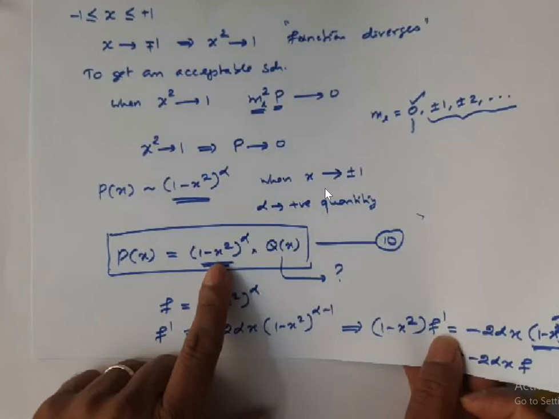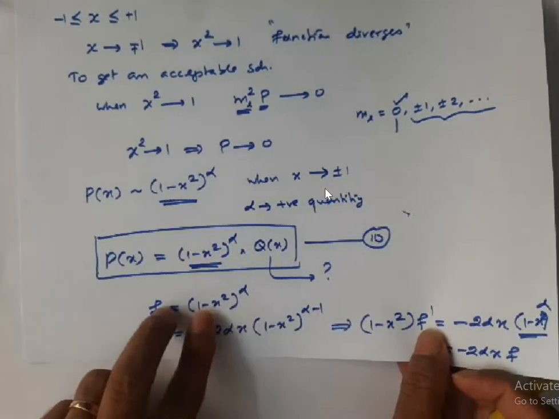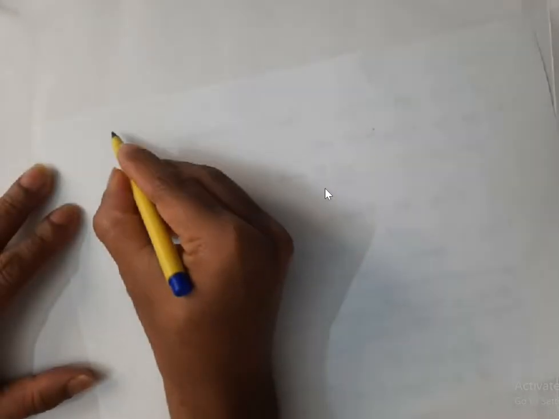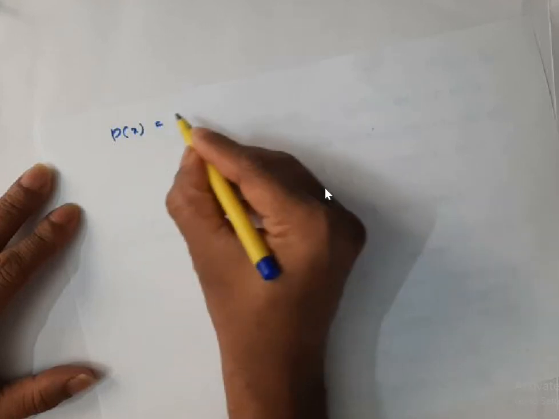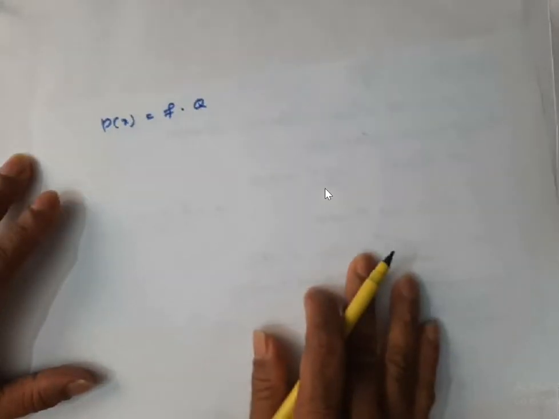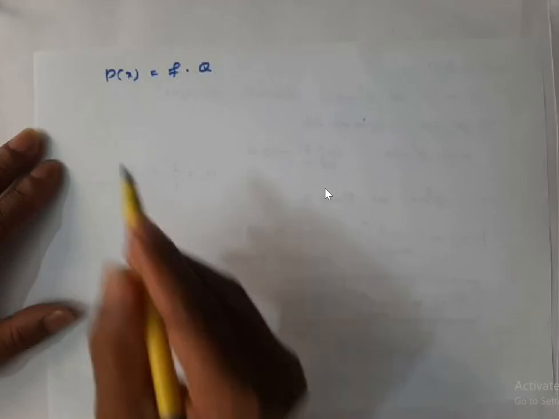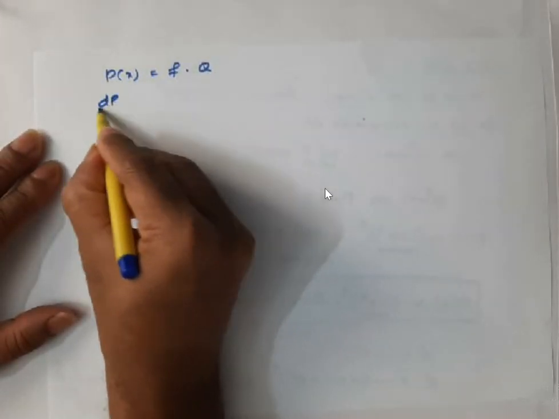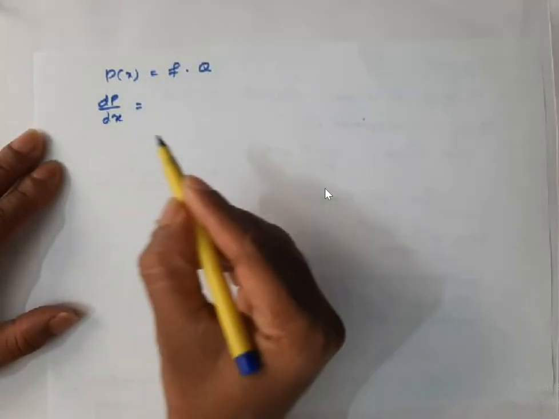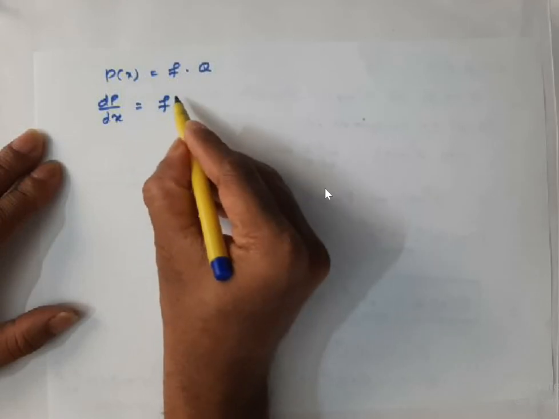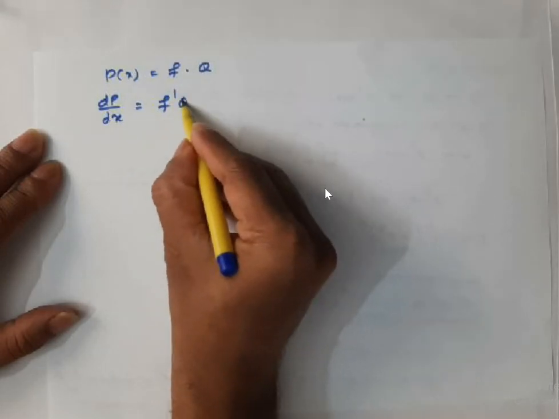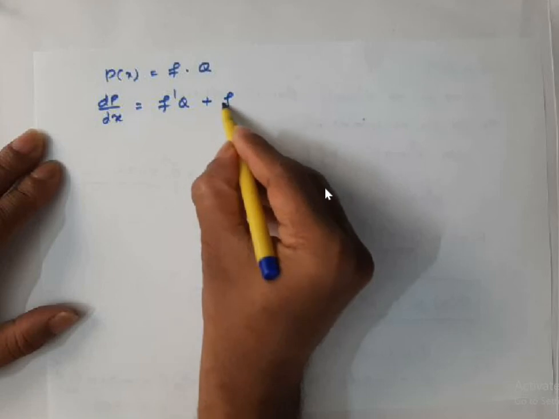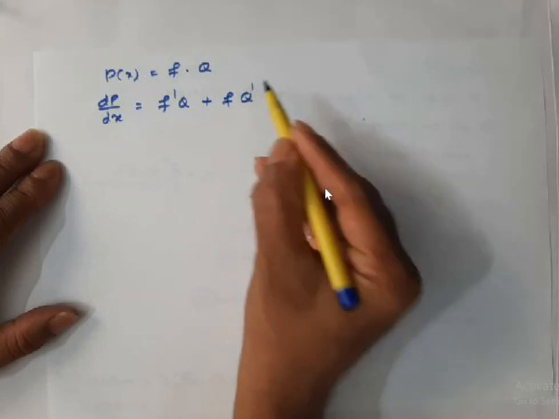So p of x is now written as f into q. f is a function, q is another function. I'll differentiate this once. So dp by dx is equal to: keep f as such and differentiate q, plus differentiate f and keep q as such, that is f dash q plus f q dash.